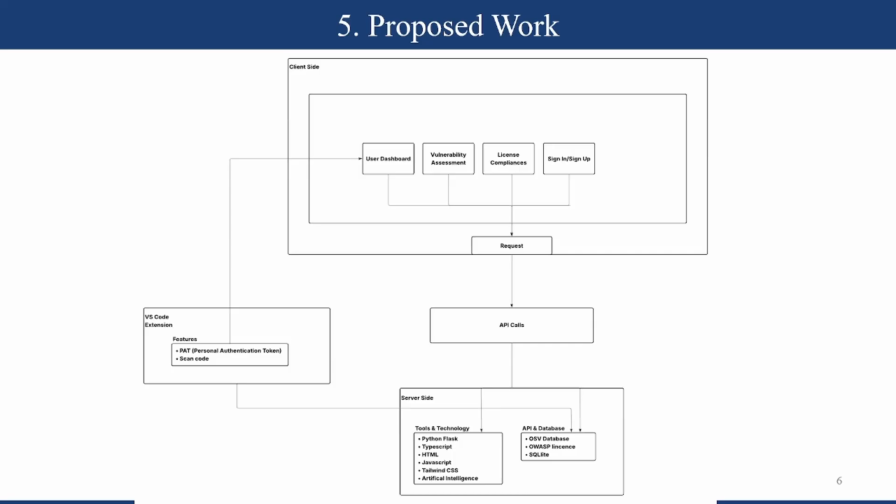We have used the OSV database, OWASP license, and SQLite to do the vulnerability assessment and license compliance task. Then we have used HTML and TypeScript for our extension in VS Code. Then a personal token is used to verify the user and connect a session between the backend and the VS Code.